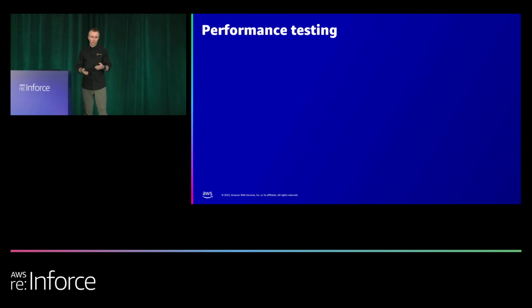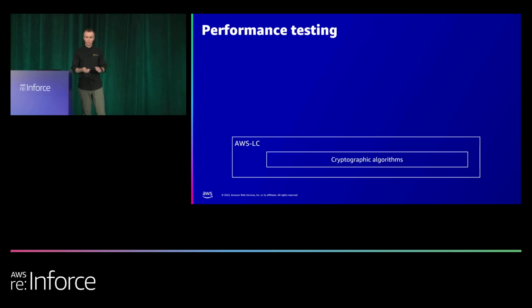This kind of is a nice segue to performance. So we built S2N BigNum for the performance benefits of a highly optimized implementation of BigNum libraries, but we also wanted to look at our other performance. And we took a tiered approach to this performance testing. Starting with the bottom layer, AWS-LC, we looked at the cryptographic algorithms in isolation.